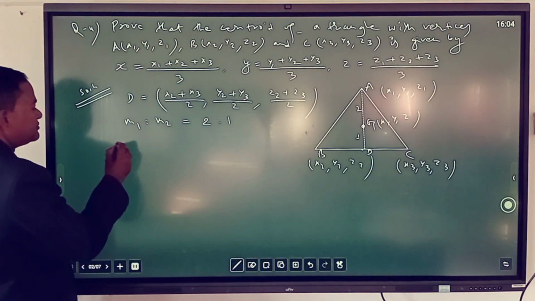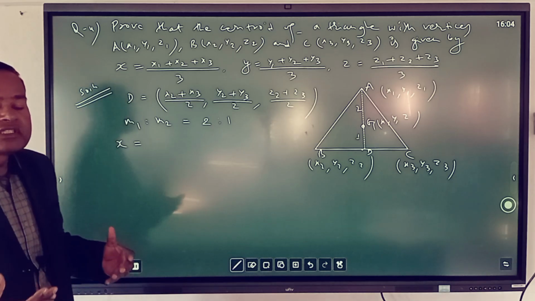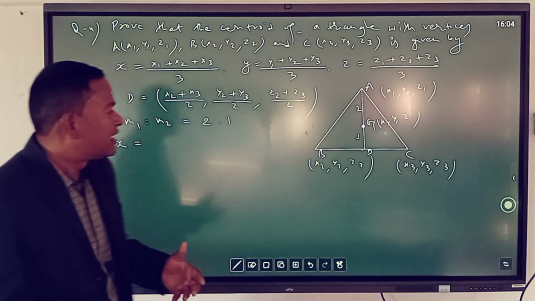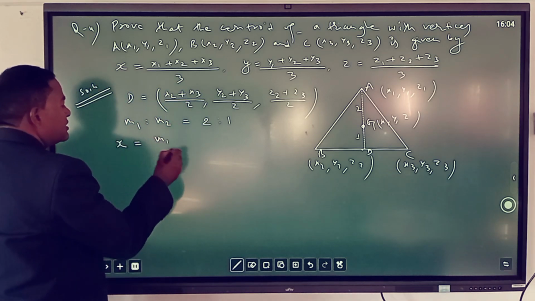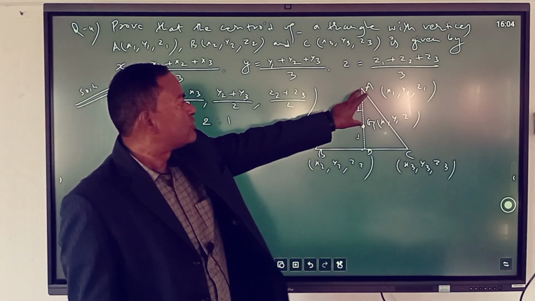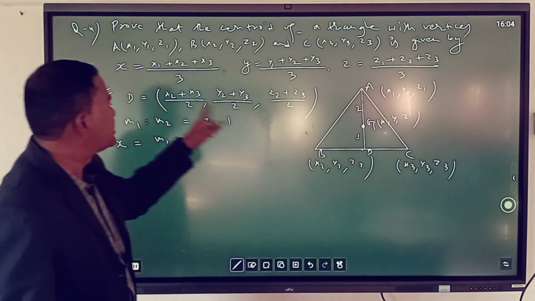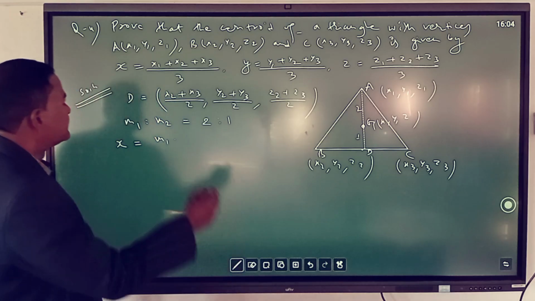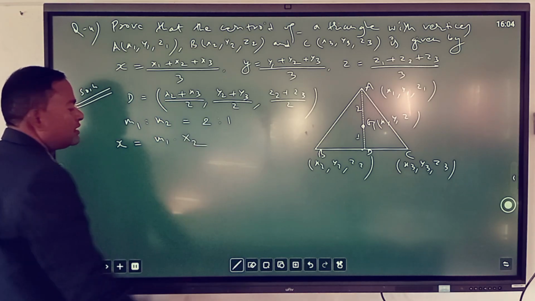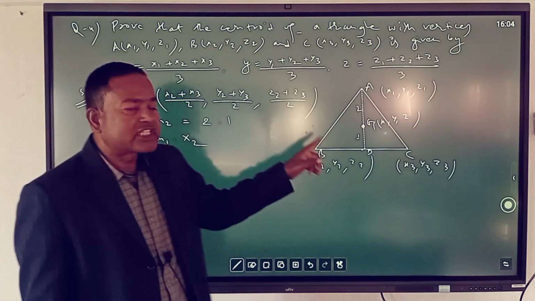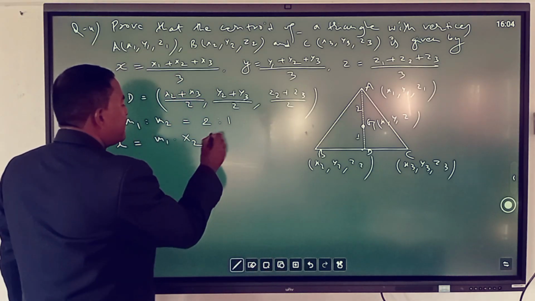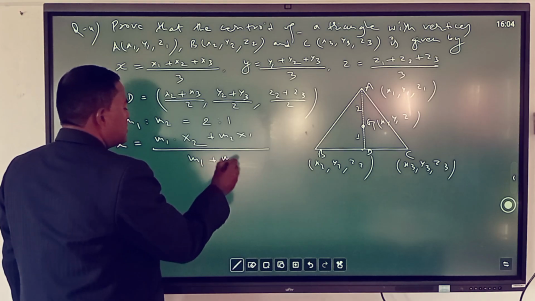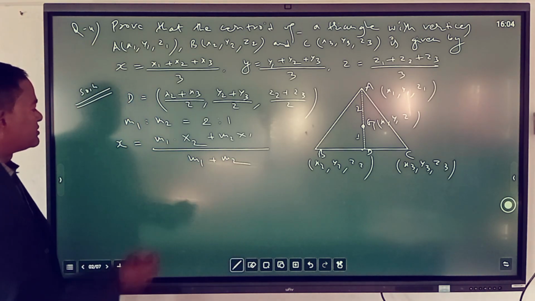We know that according to the section formula of internal division, x is equal to m1 times x2, where x2 represents the x coordinate of the point D, plus m2 times x1, divided by m1 plus m2.